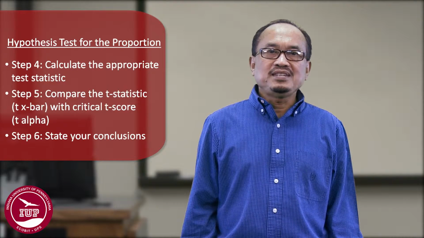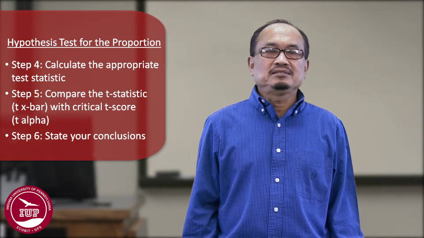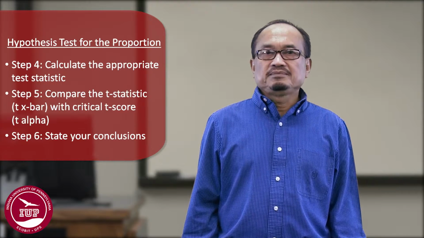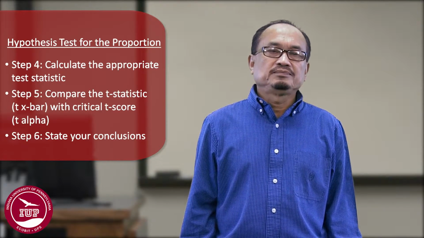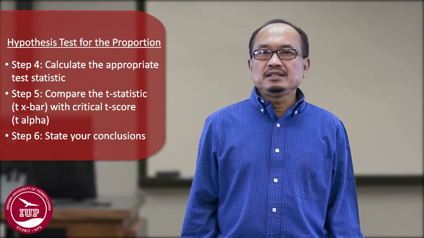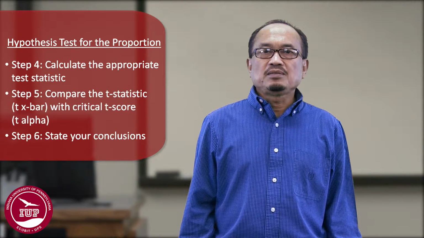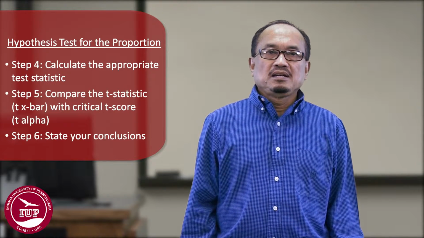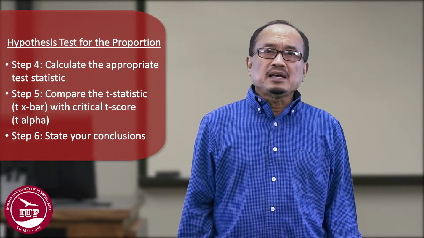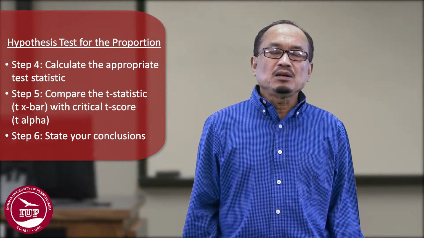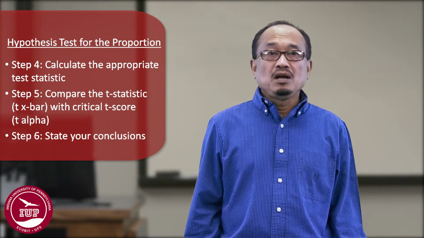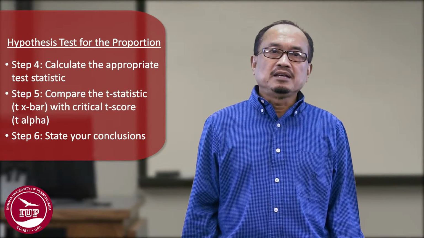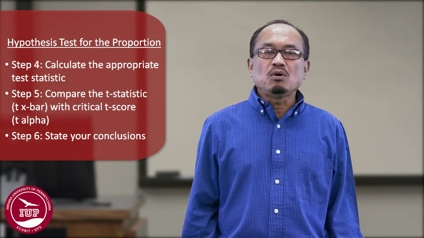Figure 9.15 illustrates this finding. Step 6. State your conclusion. Rejecting the null hypothesis indicates that we have support for the alternative hypothesis, p greater than 25%. Therefore, we can conclude that the proportion of female board members in France has increased beyond 25%.